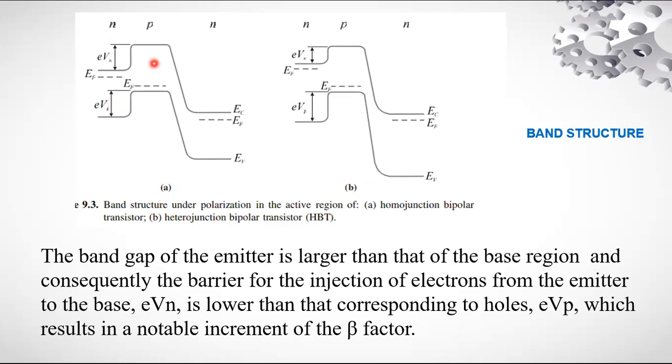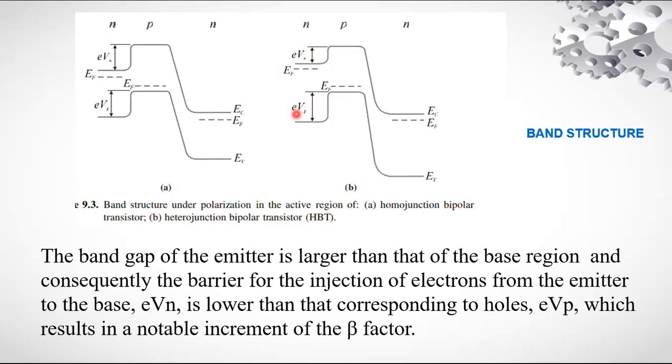Okay, but in case of a heterojunction BJT, you can see that since we are making the emitter with a wide band gap material compared to the base, the band gap at the emitter side is much larger when compared to the band gap at the base side, and also the barrier for injection of electrons from emitter to base, EVN, is lower than that of the corresponding holes, EVP.